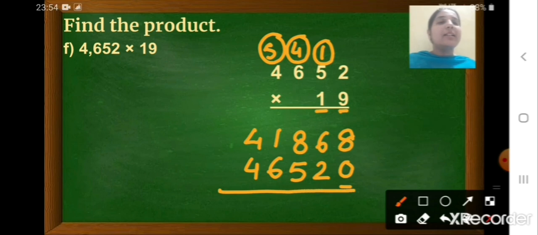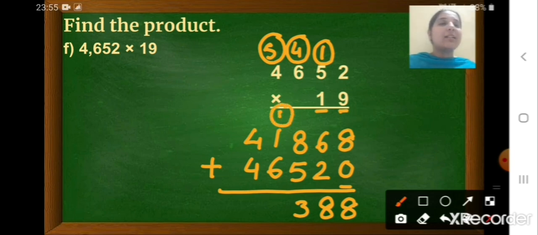Now let's add. So 8 plus 0 is 8, 6 plus 2 is 8, 8 plus 5 is 13. So 3 we will write here, 1 will be carried over to the next place. So 1 plus 1 is 2, 6 plus 2 is 8 and now 4 plus 4 is 8.